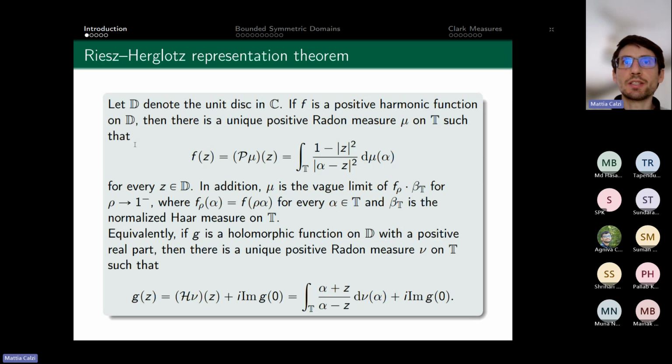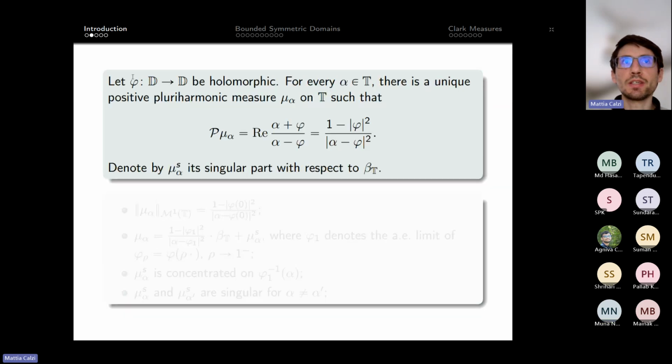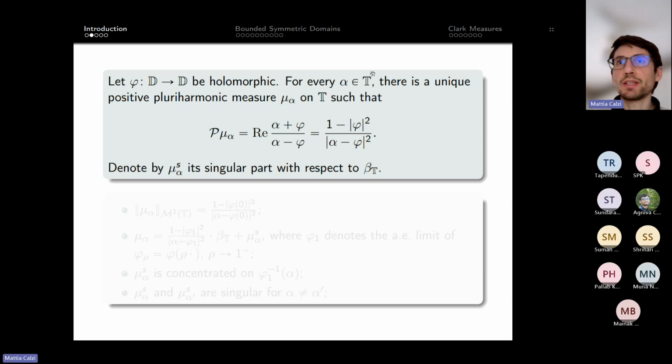So why is this result useful? Because we are taking a holomorphic function phi from the unit disk into itself, and an alpha in the torus. So there is a unique positive measure, mu alpha, on the torus, so that its Poisson integral is equal to this function, which is harmonic because it is the real part of a holomorphic function, and it is also positive because of this equality.